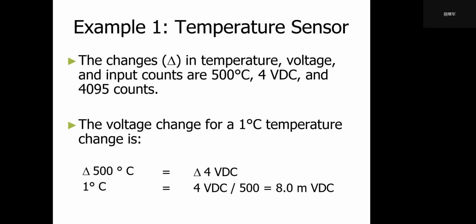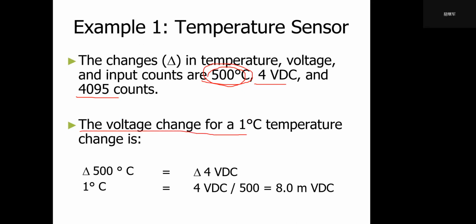The change in temperature, voltage, and the input count are 500 centigrade degrees, 4 V DC, and 4095 counts.